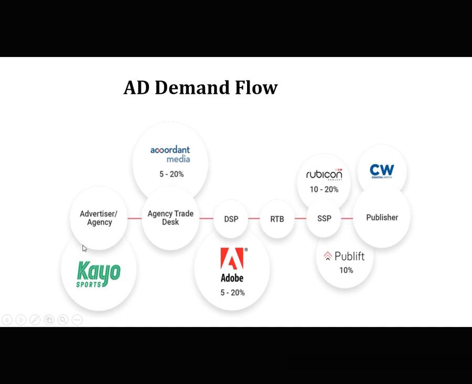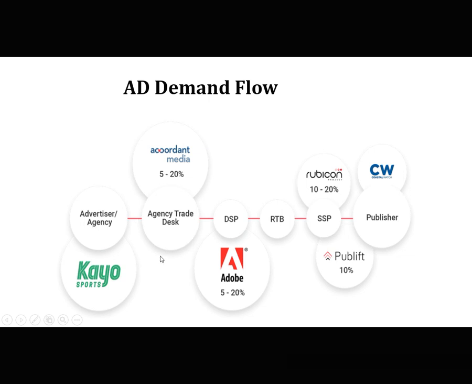So how these things are interrelated: this is the publisher, this is the SSP, real time bidding happening, then this is the DSP, this is the agency trade desk, and this is the advertiser which wants to publish their ads, Kayo Sports. This is the demand side platform, which is owned by Adobe. The demand side platform is also interlinked with the agency trade desk, Accordant Media.